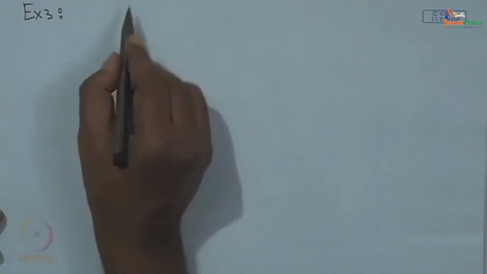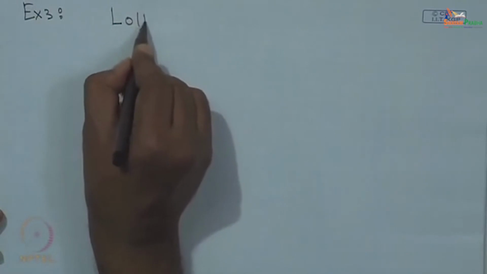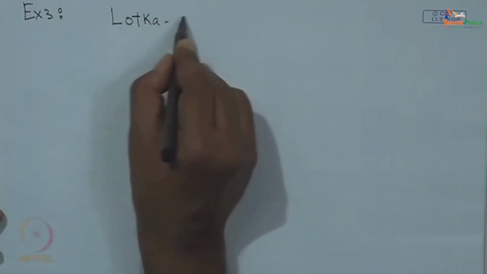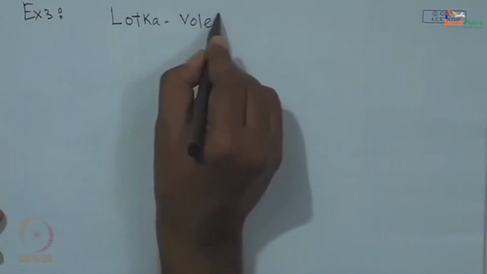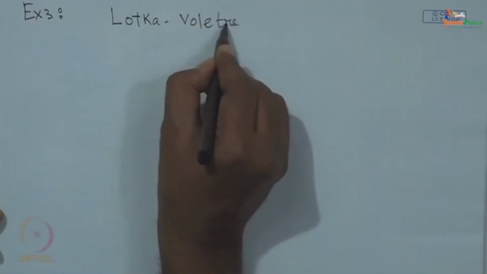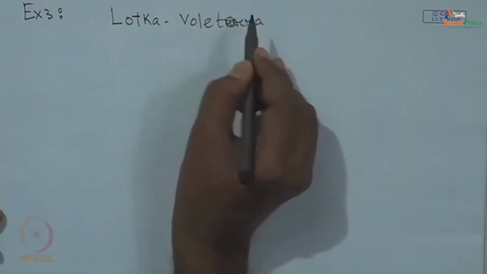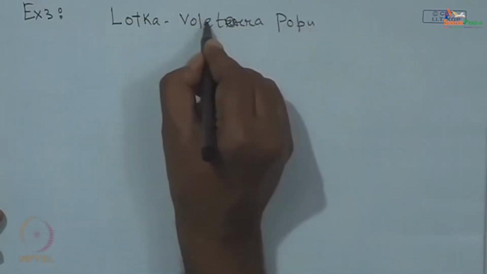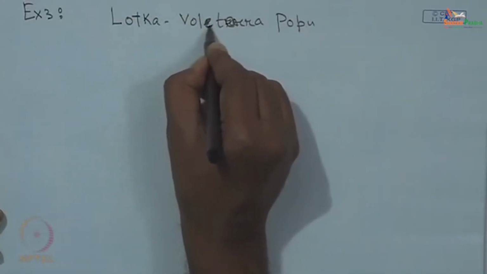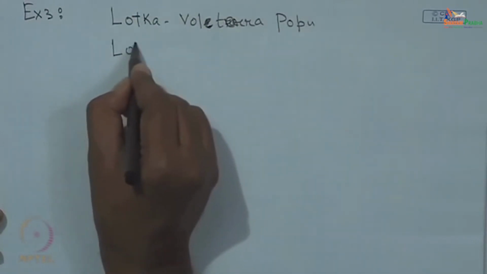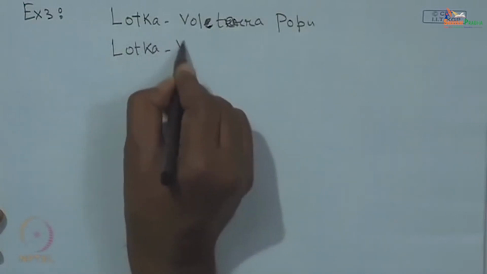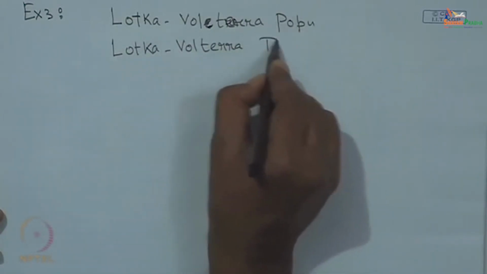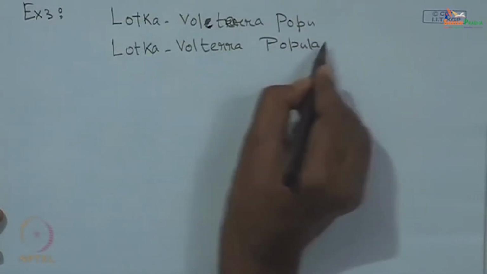Example 3, this is about the Lotka-Volterra population model. And there is a spelling mistake here, so it will be Lotka-Volterra population model.